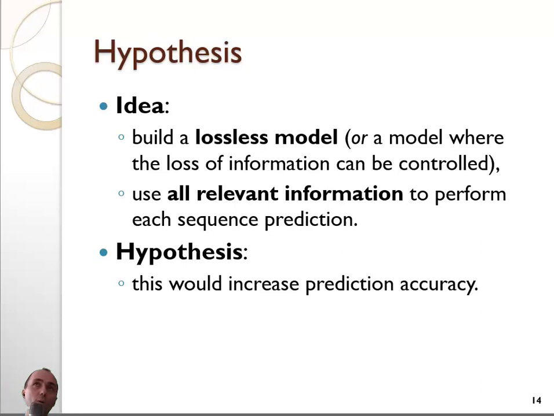Our idea is to build a lossless model, a model where the loss of information can be controlled, so that we can use all the information we want when we make a prediction. We don't discard any information, or at least if we discard, we know what we discard. We hope this will increase the accuracy.